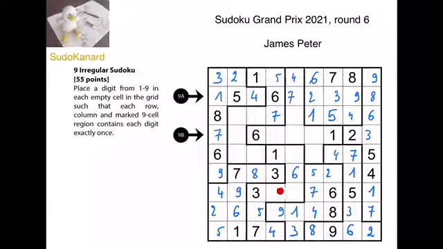Here we need 2 and 8, so this one can only be a 9. Here we need 2 and 9. There's a 9 here. Here we need 2, 3 and 8. There's an 8 here.